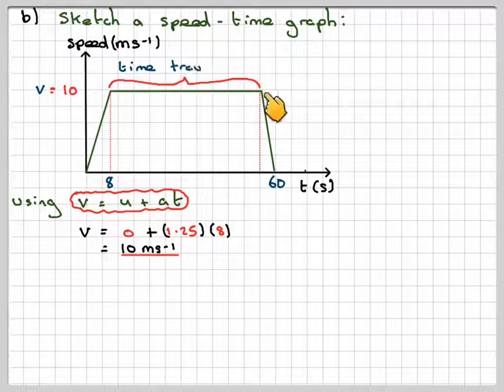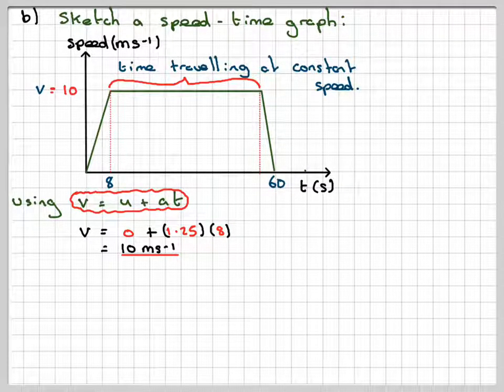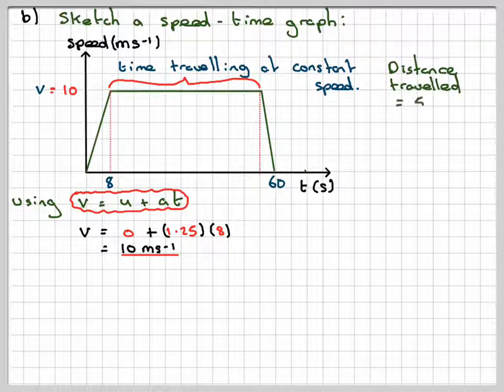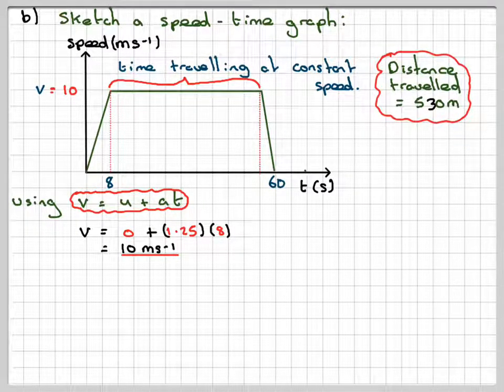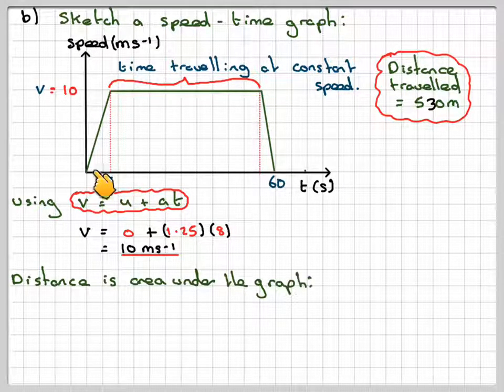Right, we now need to find this distance here, the time travelled at the constant speed. Using the idea that the total distance travelled by the lift is going to be 530 meters, the distance is the area under the graph. So we have a trapezium here.